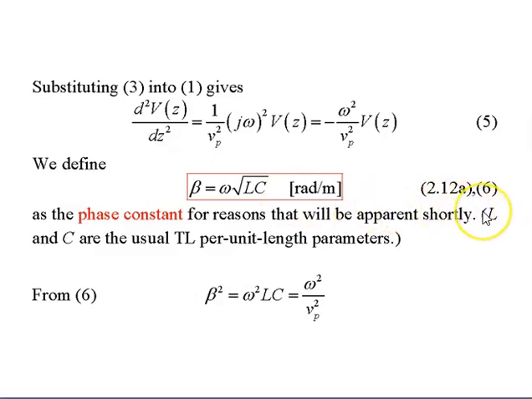The L and C are the usual transmission line per unit length parameters, the inductance and the capacitance. From equation 6, we insert it into equation 5. So we have β squared equal to ω squared LC. We get rid of the square root, and this will give you ω squared over Vp squared.